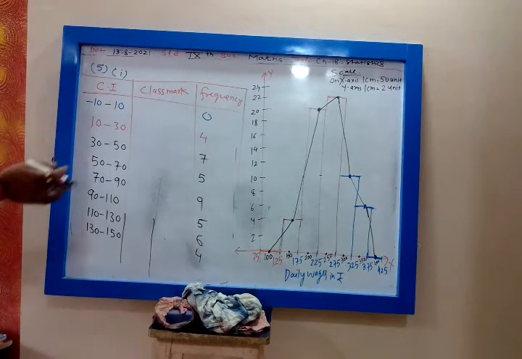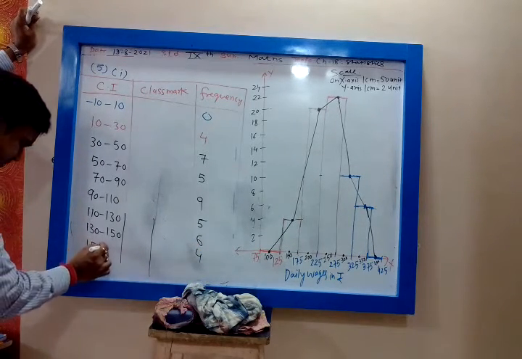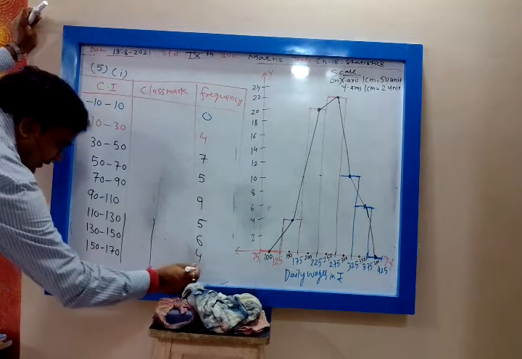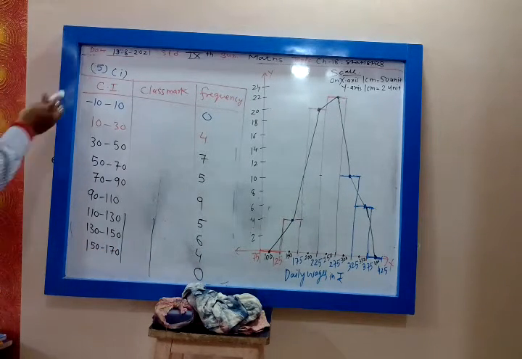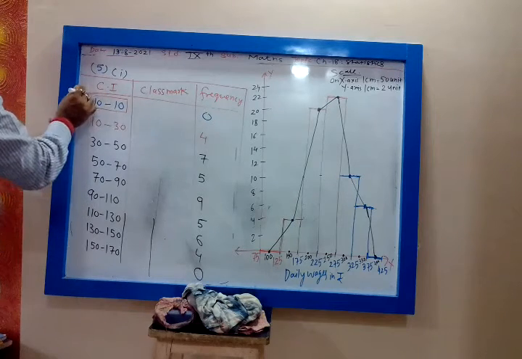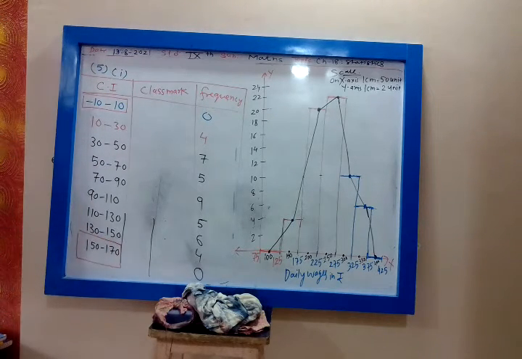Then we take one more additional class interval, 150 to 170, with frequency 0. Minus 10 to 10 and 150 to 170 are the additional class intervals.